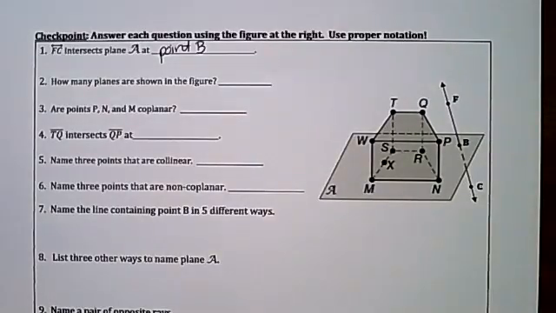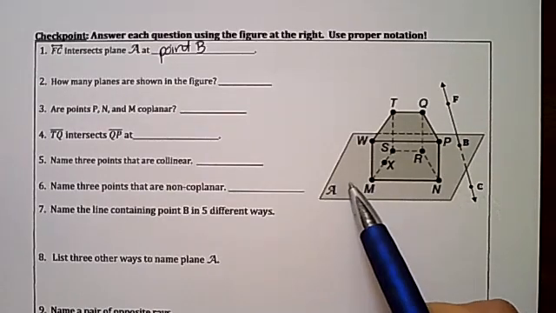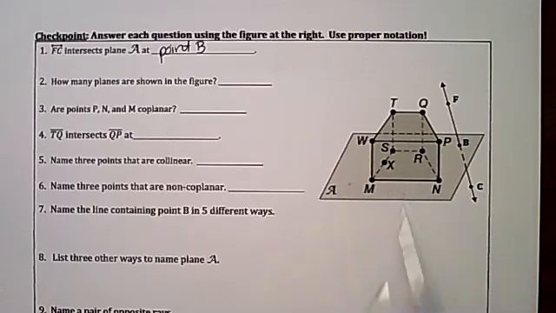Okay, great. Next, how many planes are shown in the figure? So this is like the example I did before. Keep in mind what I said about this bottom one and this bottom one. All right, a few of you have gotten it right so far. It's 6 planes.